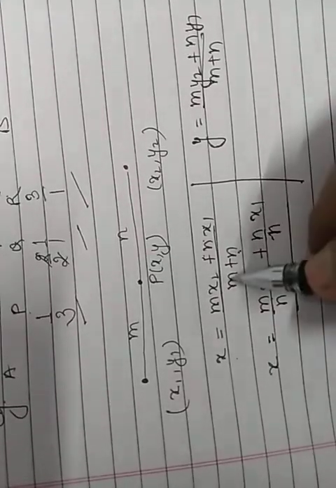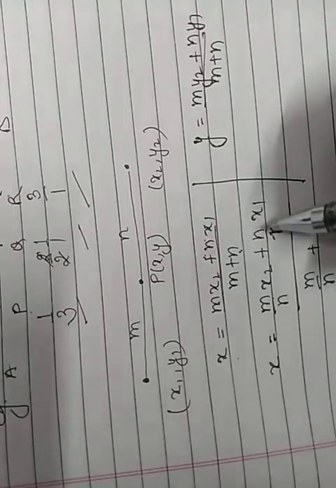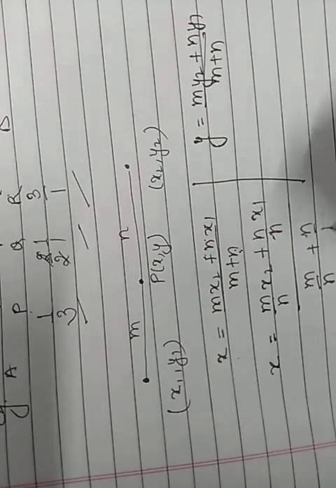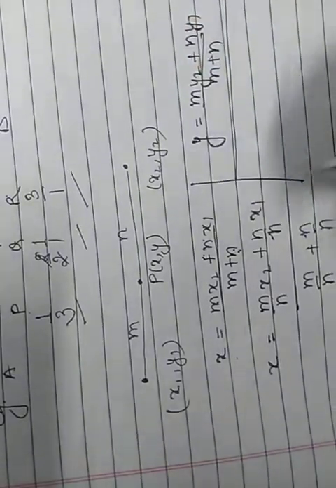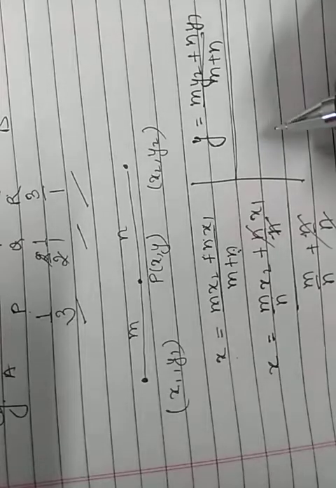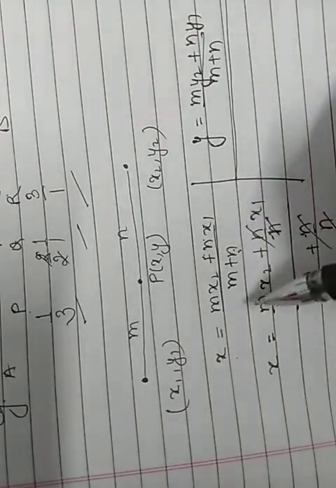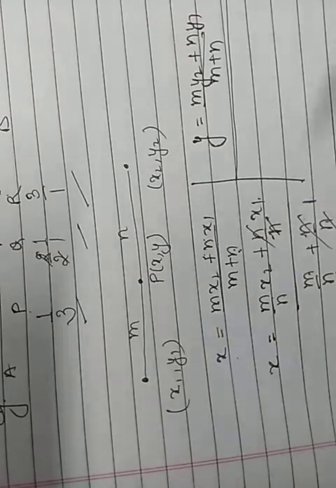Here also I will divide this m by n and this n by n. So this n and n will get cancelled, this n and n will also get cancelled. Now we have m upon n x2 plus x1, m upon n plus, and if it cancels, we have 1 here.